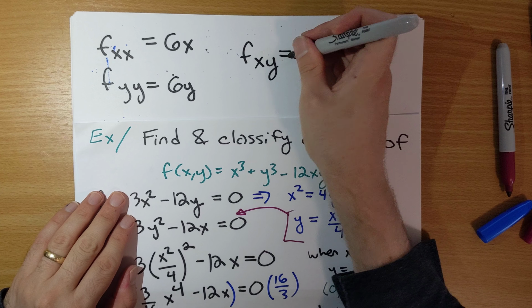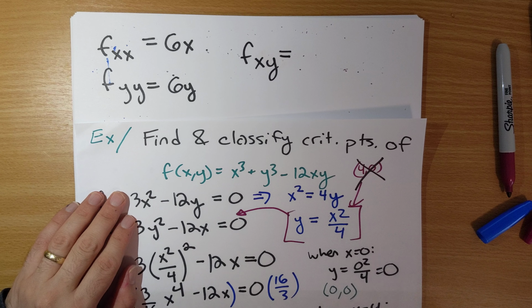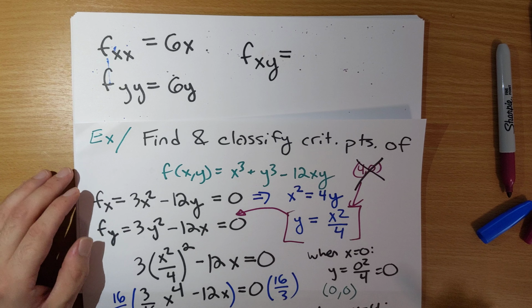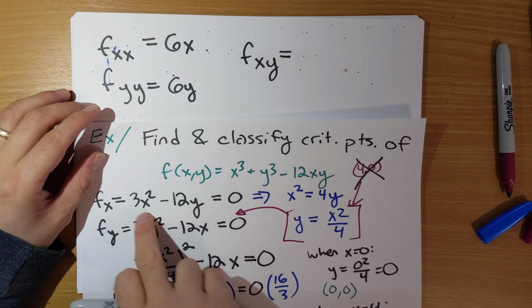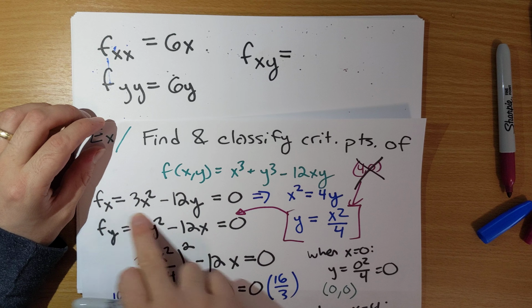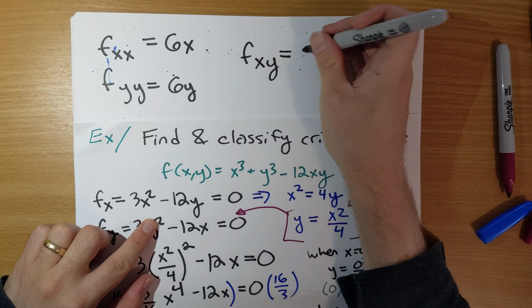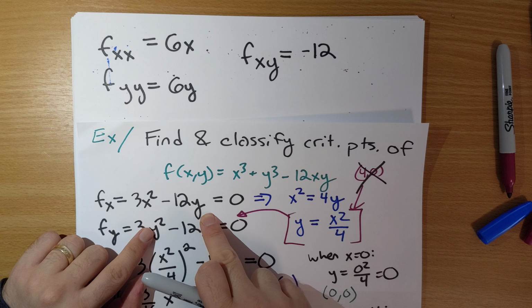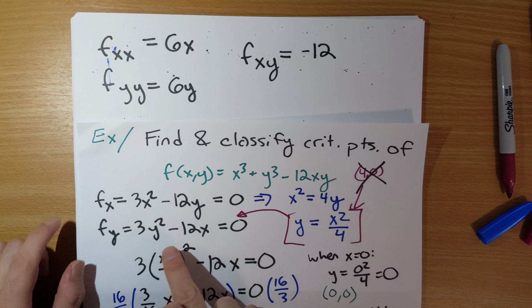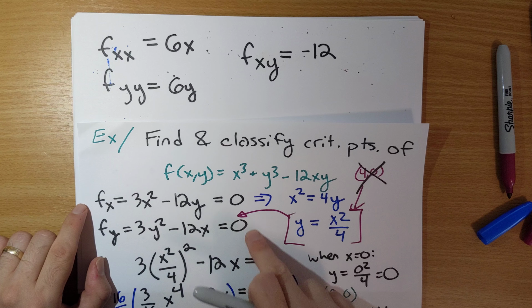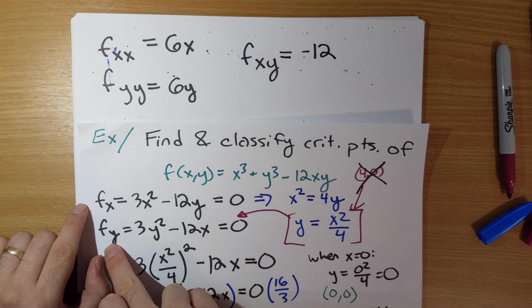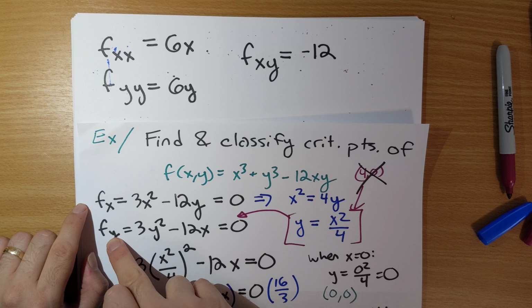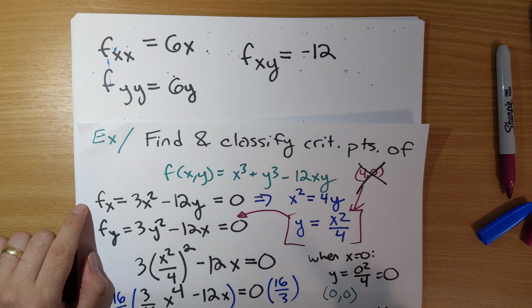And our mixed second order partial derivative f sub xy will be, so we take the partial derivative of f sub x with respect to y, we get negative 12. And you can see for yourself Clairaut's theorem in action. We take the derivative of f sub y with respect to x, we also get negative 12.